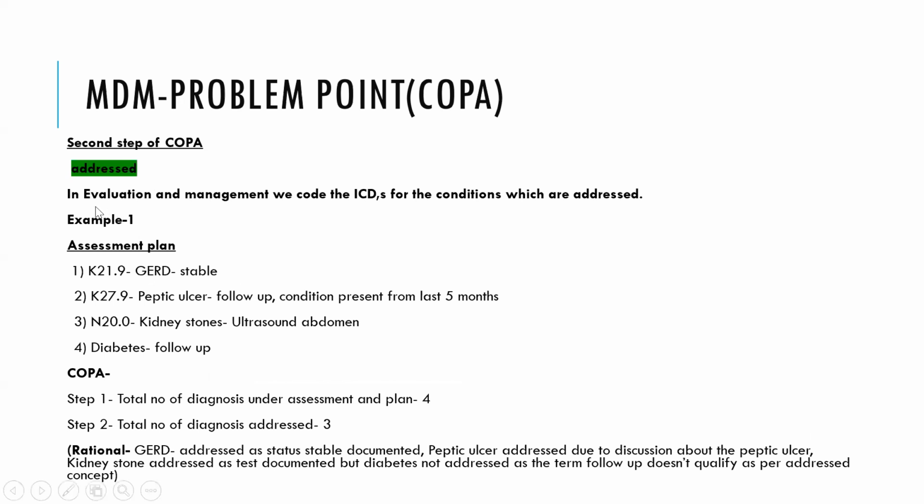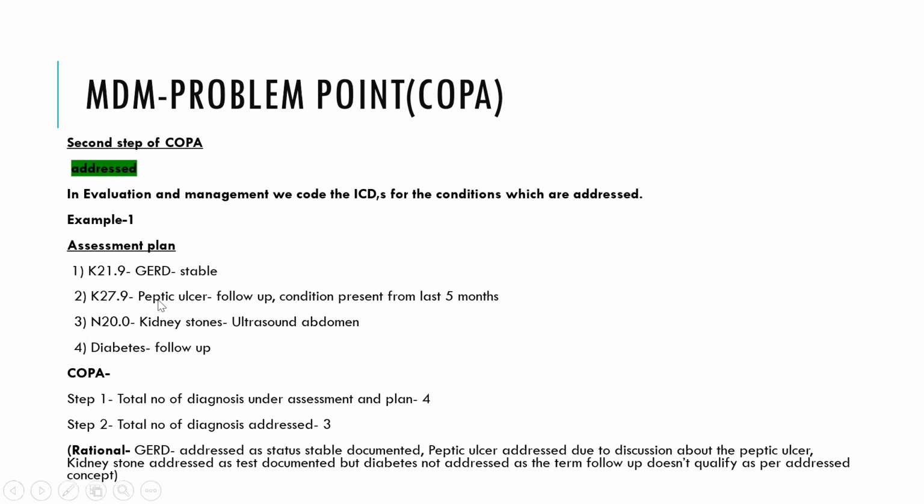If you read here, it says in evaluation and management, we code the ICDs for the conditions which are addressed. So understand, whatever conditions are addressed, only those ICDs we code and all the Z codes we code, right? So you need to be very careful how many conditions are addressed. The another benefit is you need to decide how many diagnoses I am supposed to code. The conditions which are not addressed, you are not supposed to code the ICD for that.